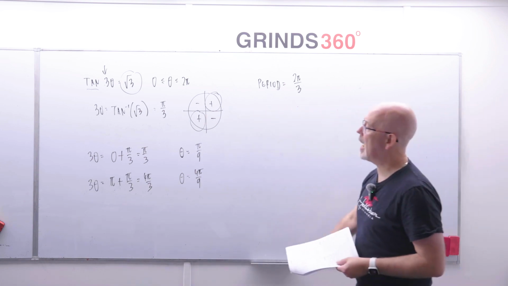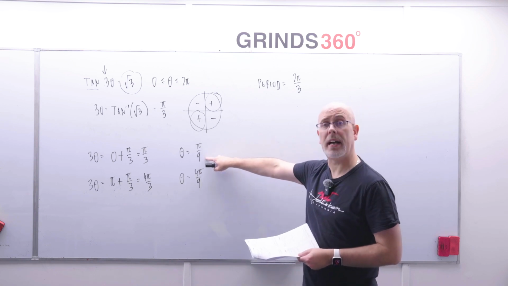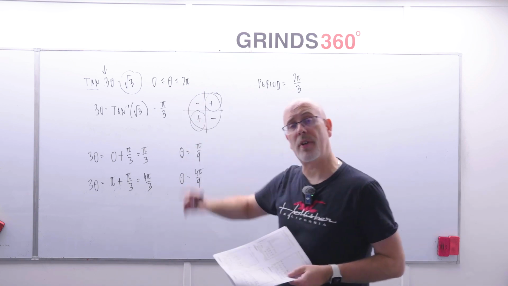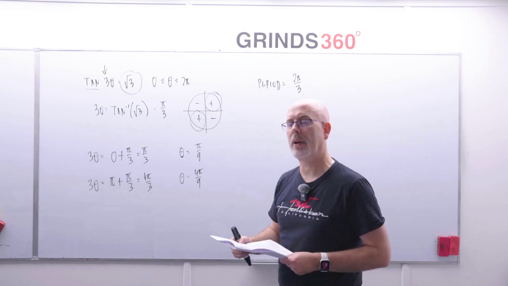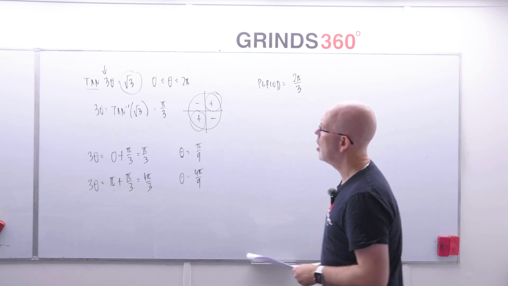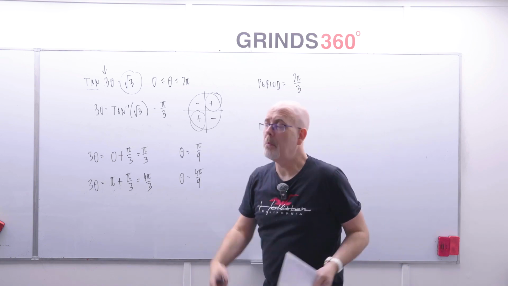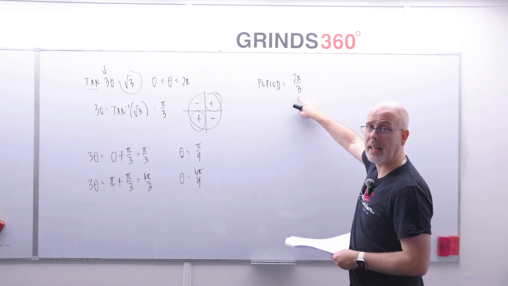So what I'm going to do now is keep adding 2 pi over 3 to this one and this one until I go bust, until I go outside the range given in the question. That's a little bit hard to do because I'm comparing fractions here. What you could do, and I'll show you this in the next question where it's more relevant, to save yourself a little time, is turn this into ninths.